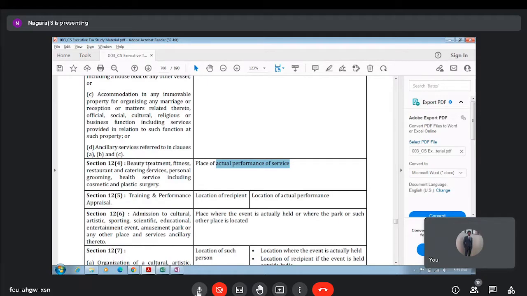No. Fitness, 300 kgs to 80 kgs, the person should be present. Health, if someone has to get an operation done, can it be done through video conference? No. Where the actual performance happens, that place will be the place of supply.